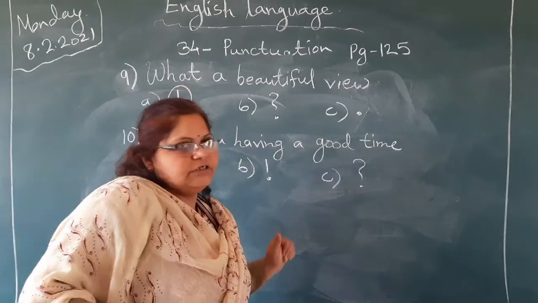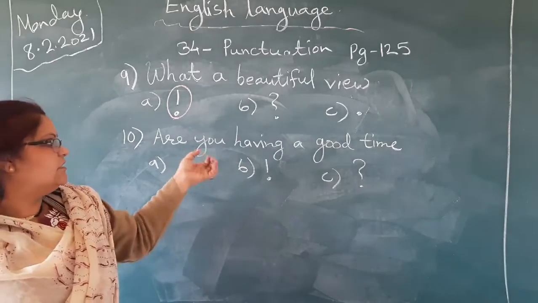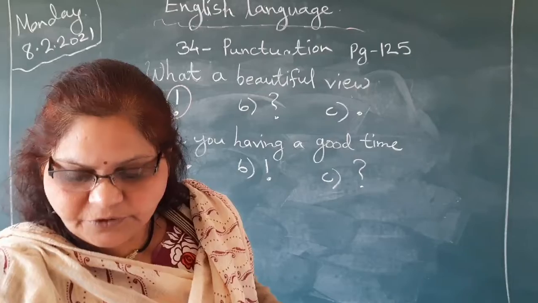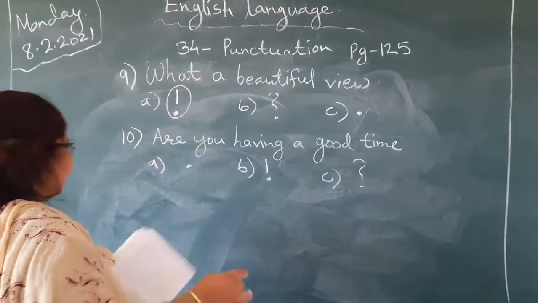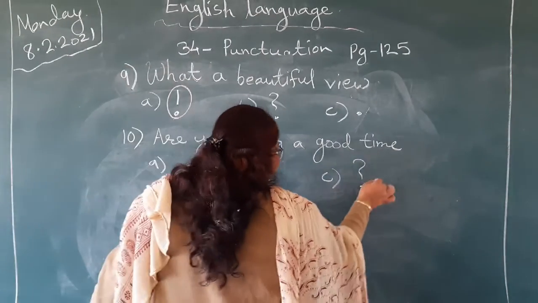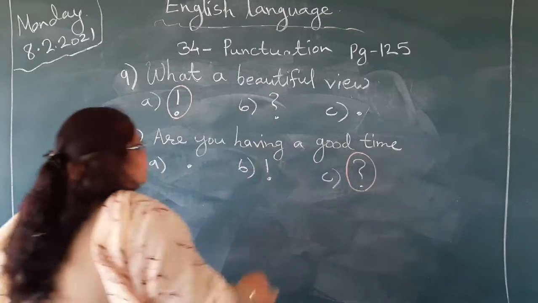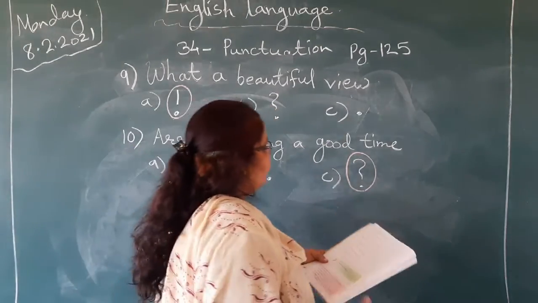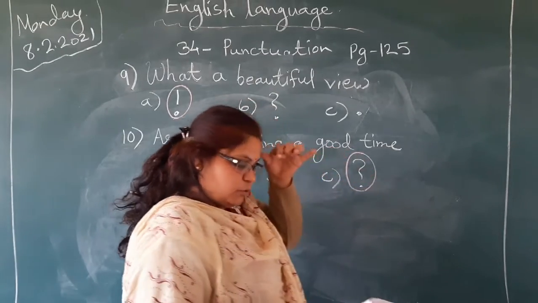Are you having a good time? Yes. Just reading the sentence we can understand the type of sentence. Yes, most of you might be knowing. The correct answer is question mark. We are asking a question. So the answer at the end should be a punctuation mark with a question mark.